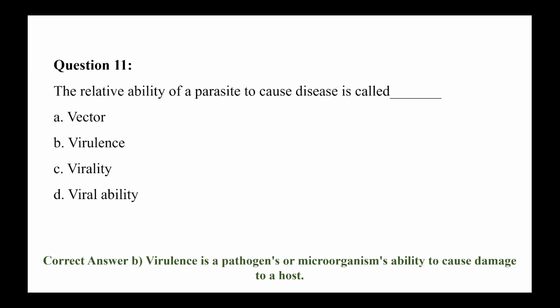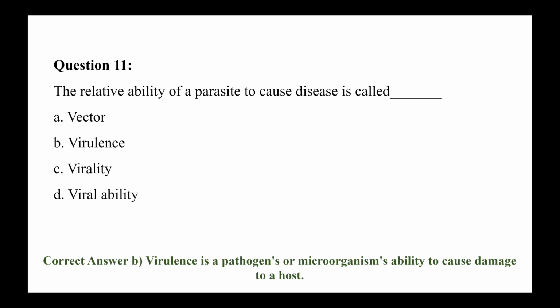The relative ability is measured by the virulence. One microorganism can be more virulent and another less virulent, so it can be used as a comparison term.